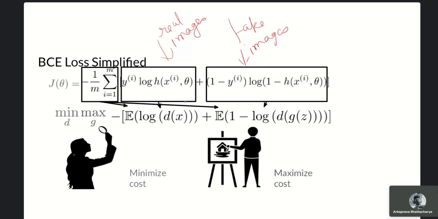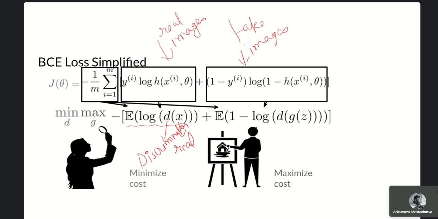This can be simplified: the first part is the expected loss of the discriminator over a real image. X here represents a real image, D represents the discriminator, and we take the expected value of the discriminator's output over real images.